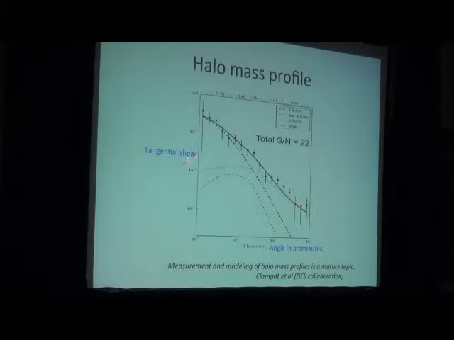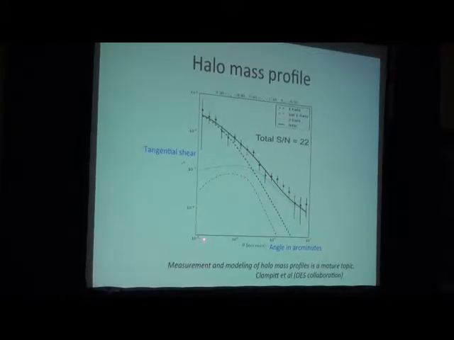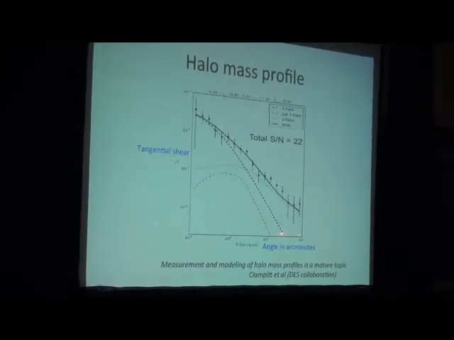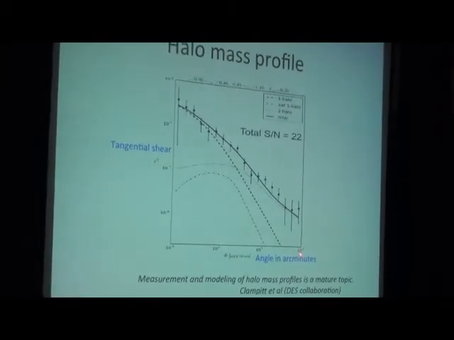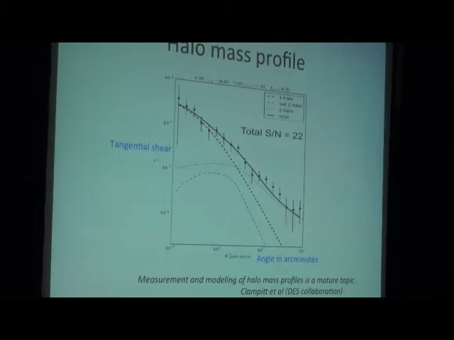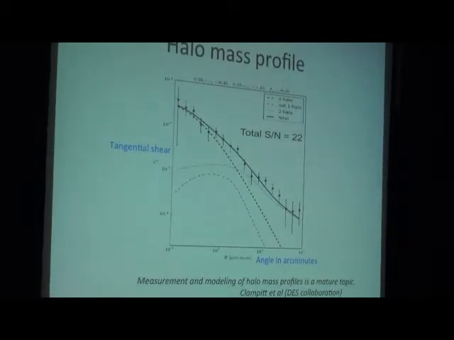And you can see that this is the tangential shear. So the shear signal here is like 0.1% as a function of angle from the center of a galaxy, so 0.1 arc minutes to 100 arc minutes. So this goes out to like 20 megaparsecs. So the visible size of the galaxy is about here, but we measure the correlated mass associated with the galaxy to tens of megaparsecs.